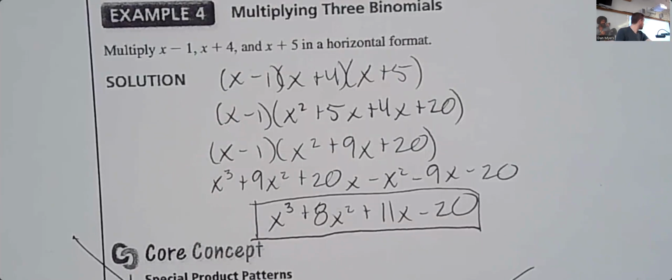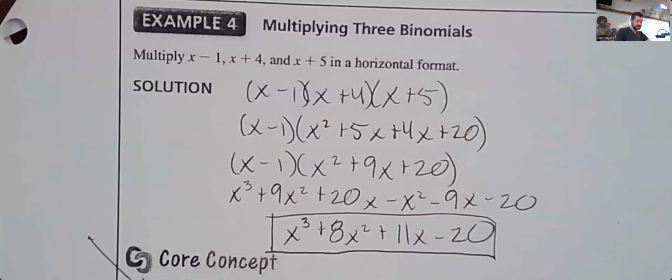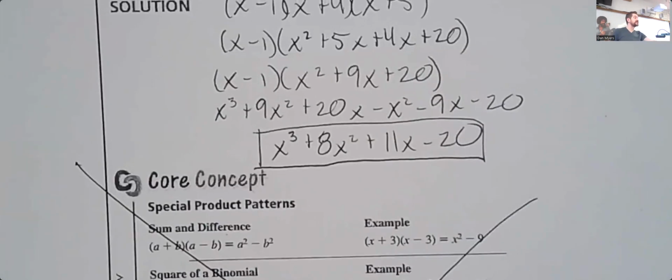All right, so there's the answer if you want to double check it. X cubed plus 8x squared plus 11x minus 20. All good? Cool. All right.